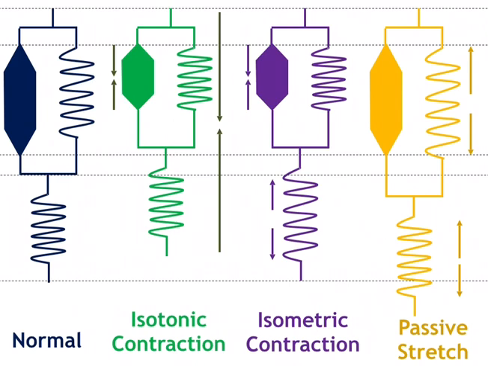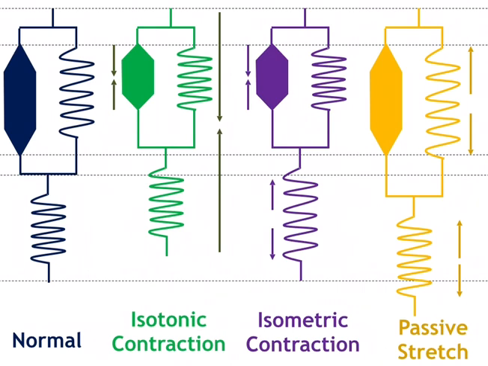So when a muscle contracts, the length is shortened. You can see the diamond shape is the contractile element that is shortening. In an isotonic contraction, the contractile element is shortening, and the whole of the green one, the whole muscle becomes shorter.